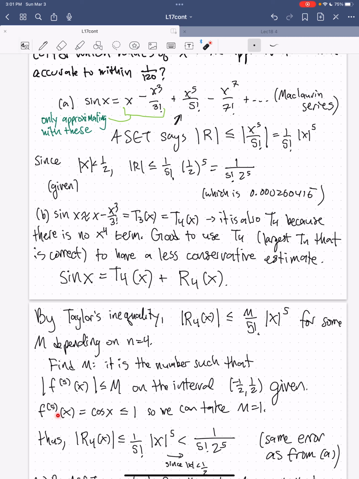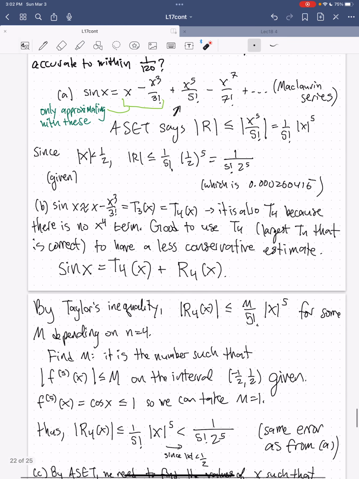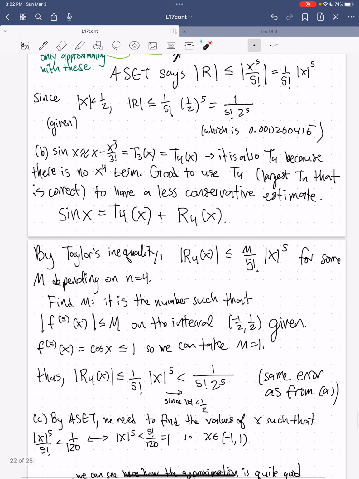The fifth derivative is equal to cos x, because remember f of x is just sine x, right? So if you calculate all the derivatives, the fifth one will just be cos. Cos is always going to be less than or equal to 1, so we can just take our bound m as 1. Plugging that back into Taylor's inequality, we can say that the remainder is bounded above by 1 over 5 factorial, this 1 coming from the m, times absolute value of x to the 5.